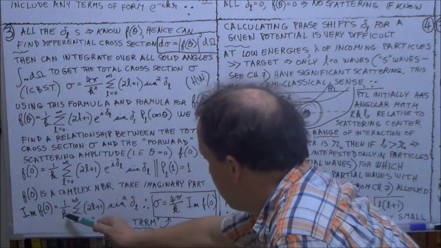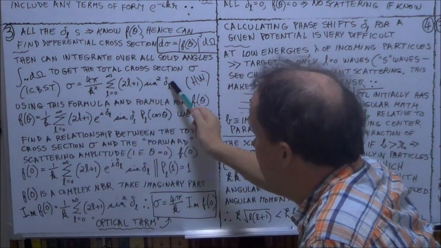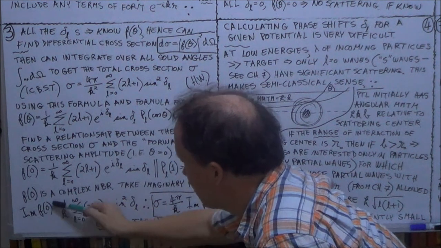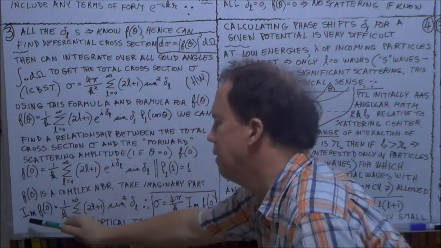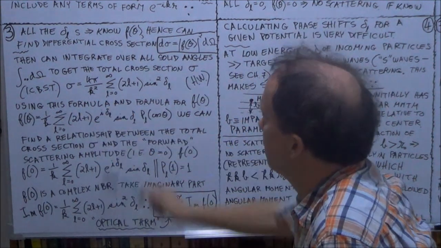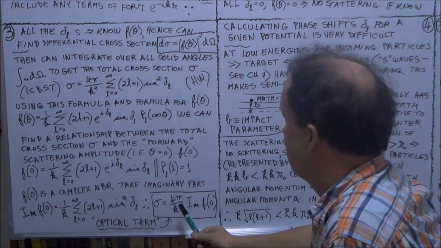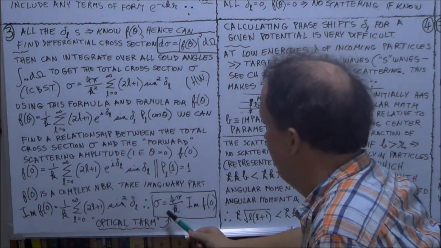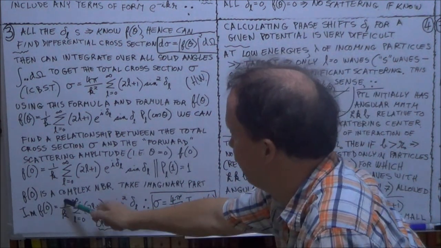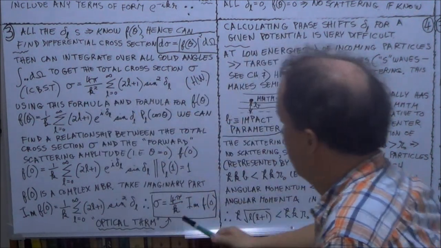Okay, so have a look at this and have a look at that. So that means you can relate this, the imaginary part of f of 0, to little sigma, which is the total cross section. And what's the difference? Well, if you multiply this by 4 pi over k, you will get sigma.